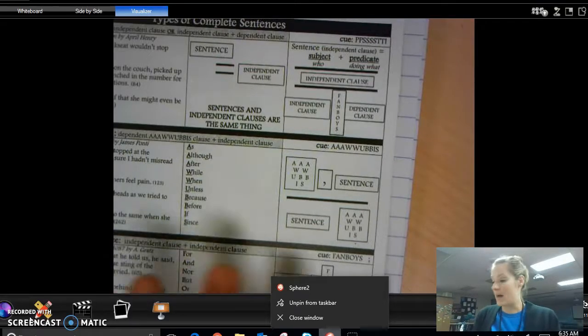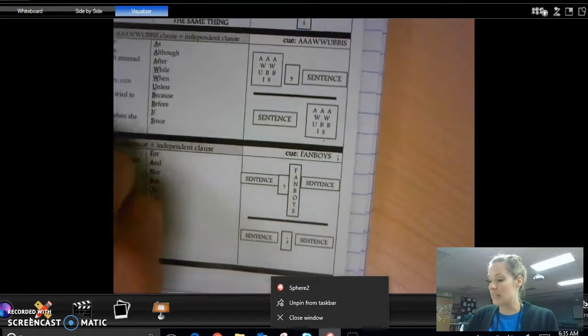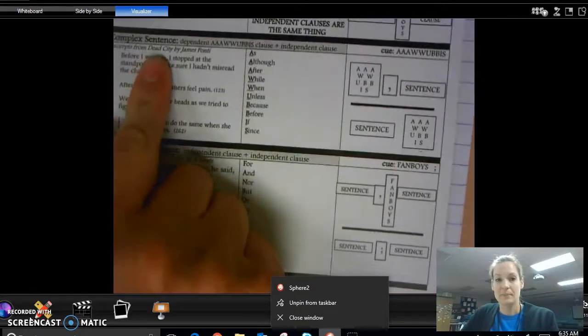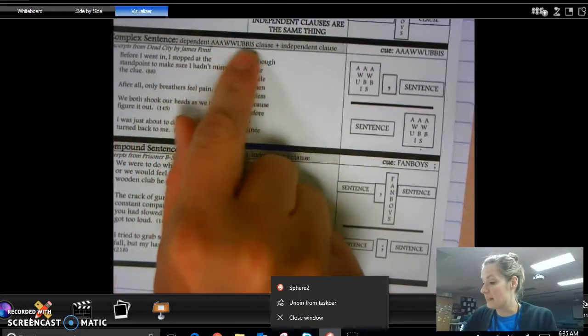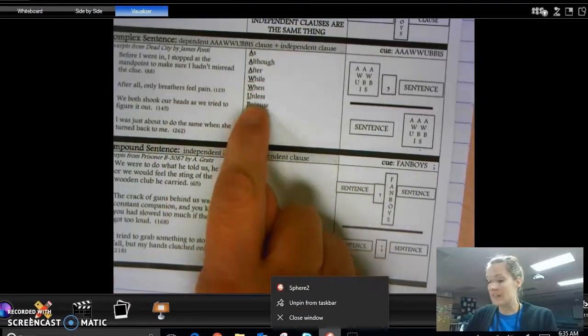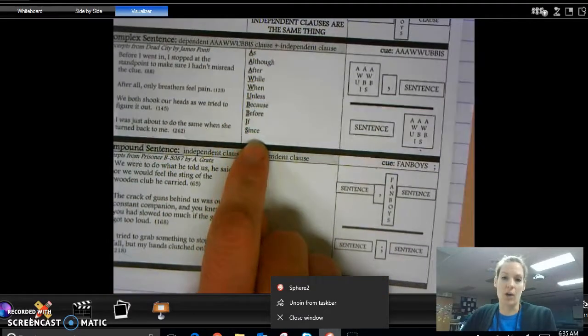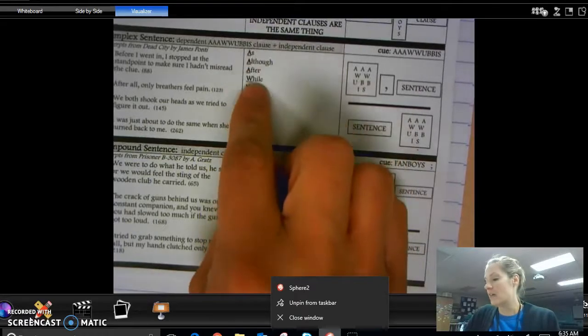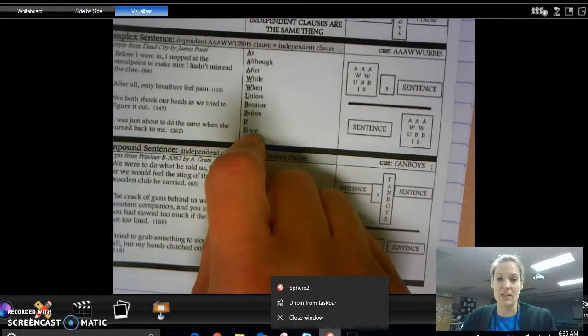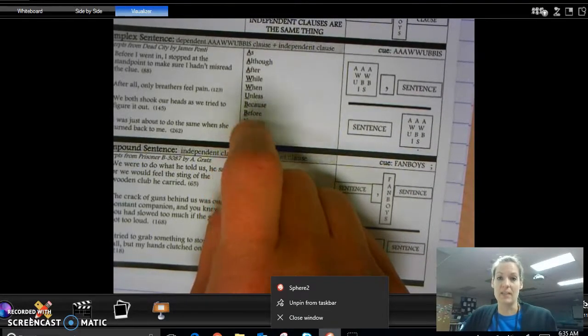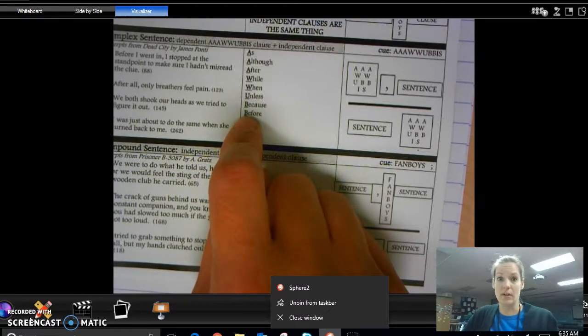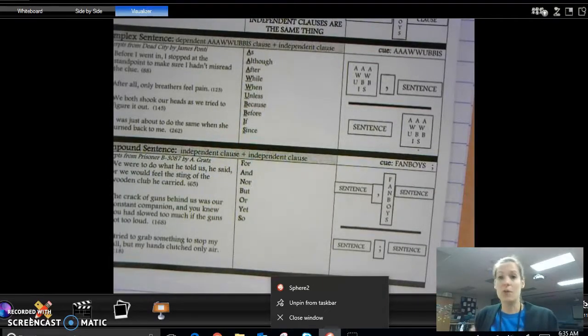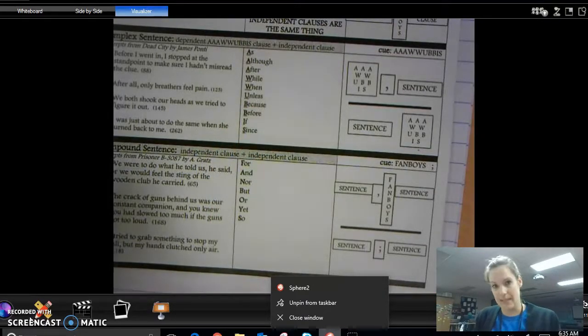So then you will see here, like for complex sentence, you'll see that it says a dependent clause. These are subordinating conjunctions, also often mistaken for prepositions. They're often found at the beginning of sentences. As you all write, you'll say something like, after I went to the store, comma, I went home to cook my meal. Or when I got home from school, comma, I had a snack.